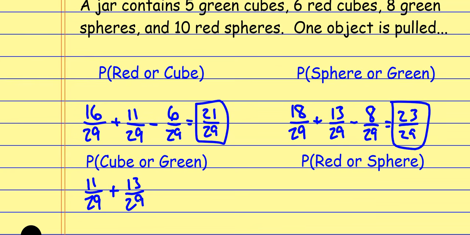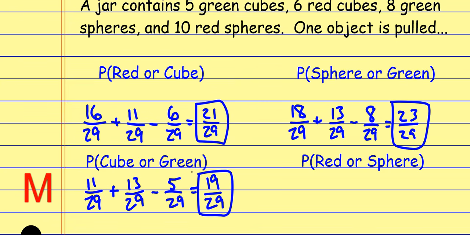But now all the green cubes got counted twice. So there's 5 objects that got counted twice. I have to subtract the overlap. Okay, so really, the math here is not hard. It's identifying whether or not there's overlap, identifying mutually exclusive versus inclusive, just so we know what we have to do. All right. Red or a sphere.